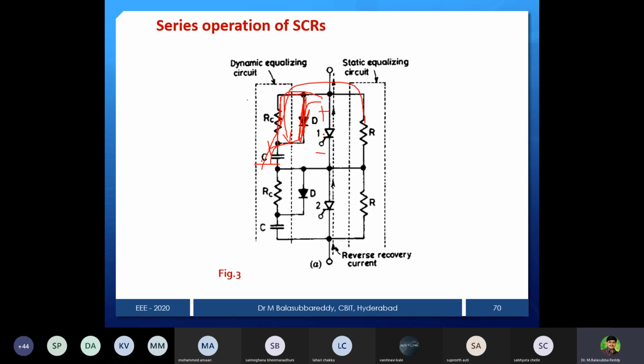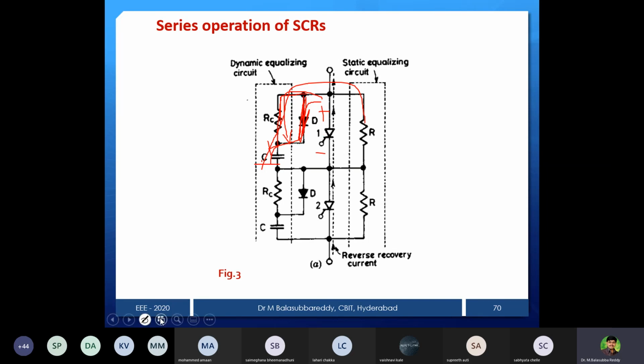But the problem is that while charging the capacitor, we require more time because of the large resistor. To overcome that problem, we connect one diode across each resistor, then automatically the diode will be forward biased and will bypass the resistor. That way we can overcome this problem.